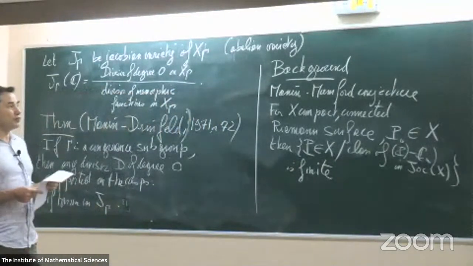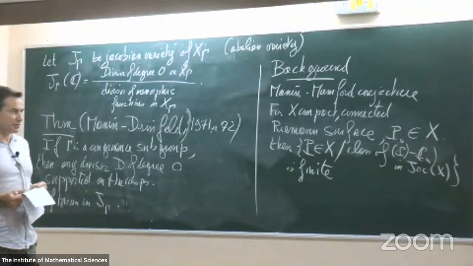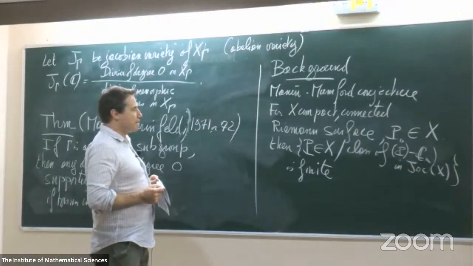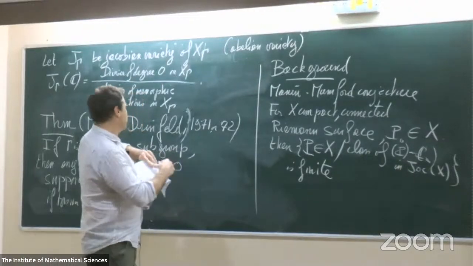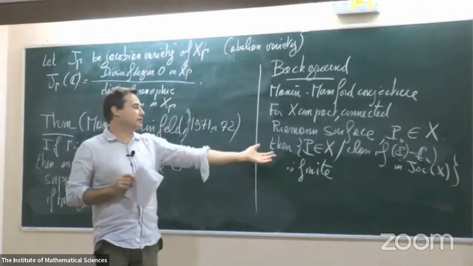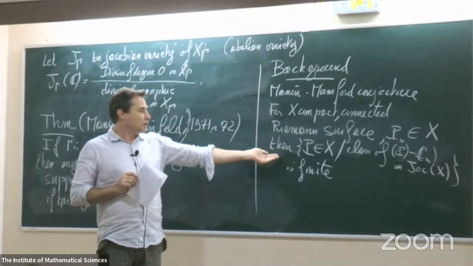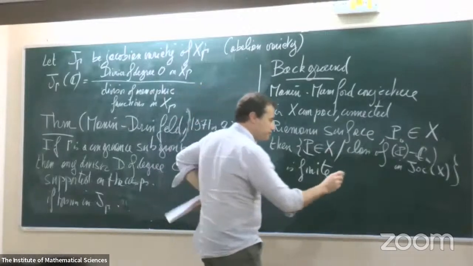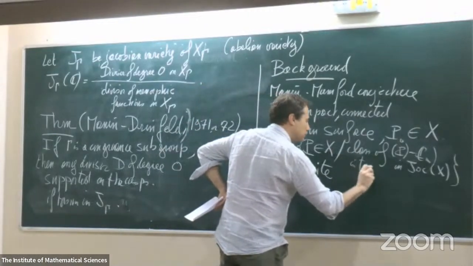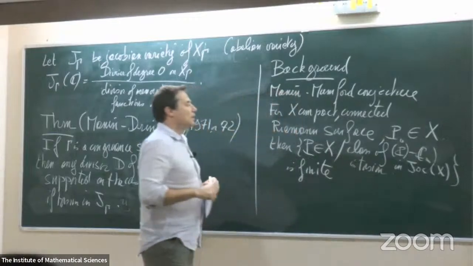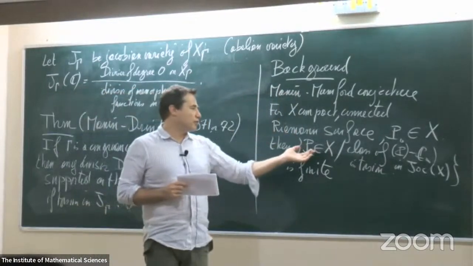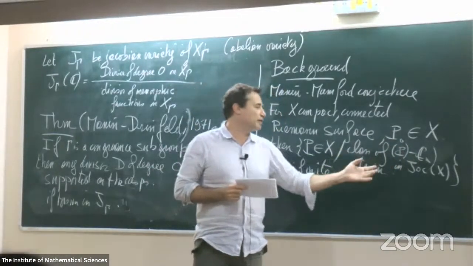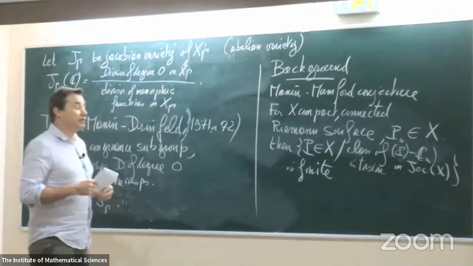This conjecture has been proved many times, in fact. First of all, the conjecture says that the set of points for which the class of the divisor P minus P0 is torsion is finite.